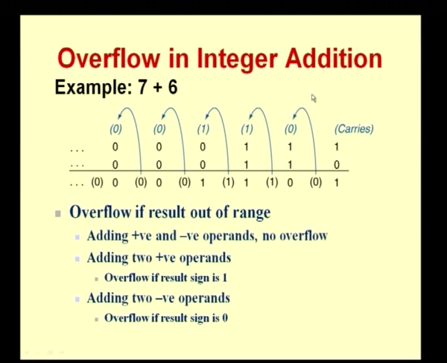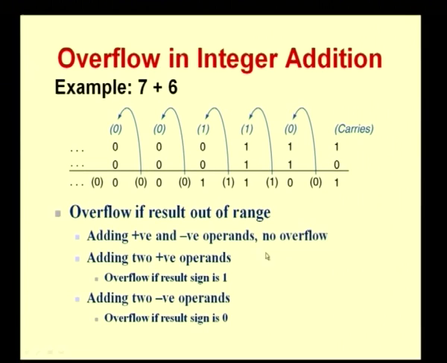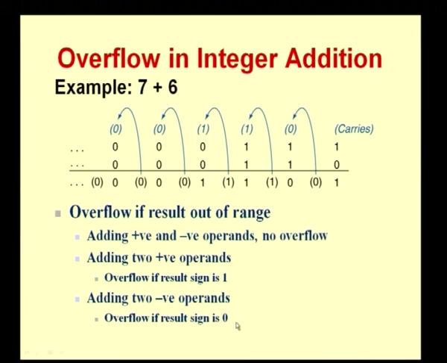When we do an addition, there are only certain cases when an overflow will occur. Whenever I add a positive and a negative operand, no overflow will occur, because the result that is generated will always be within the range. But when I add two positive operands, it is possible that I have an overflow, or similarly when I add two negative operands, there is a possibility of an overflow.